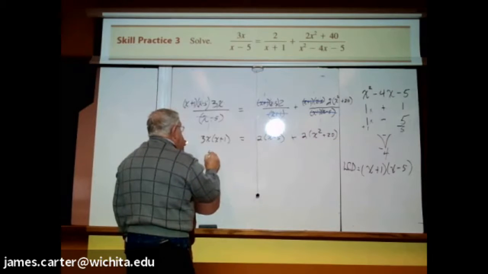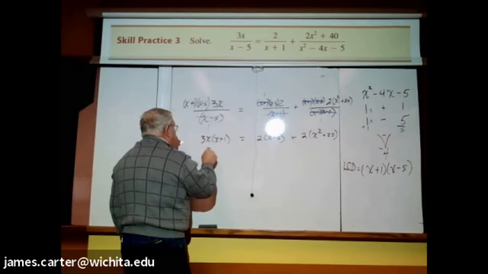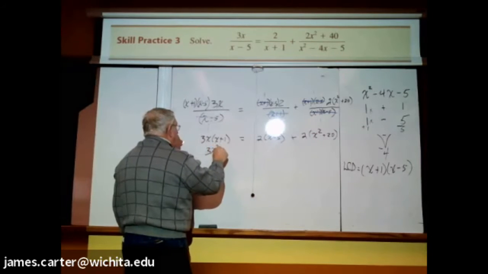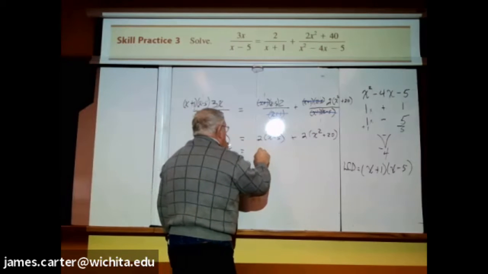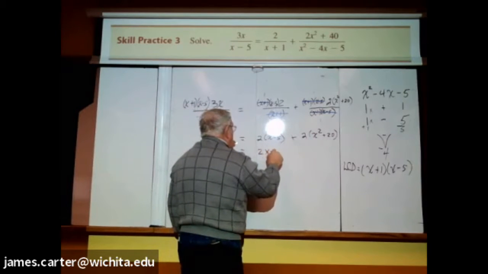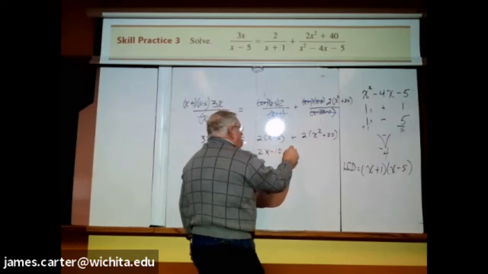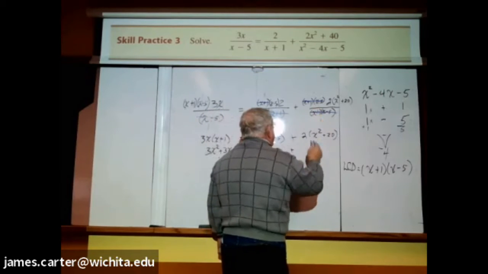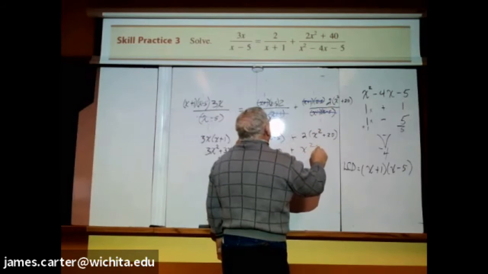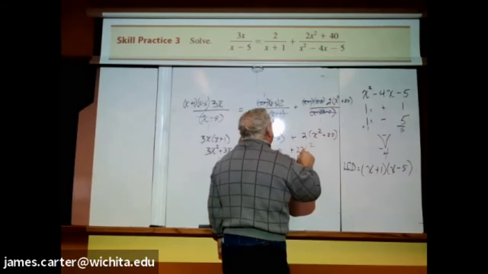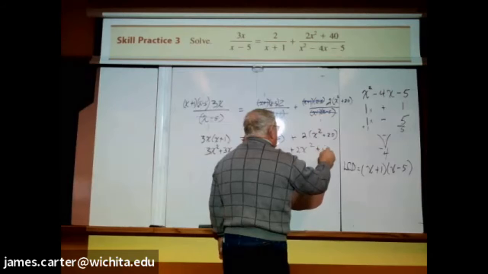This gives me 3x squared plus 3x equals 2x minus 10 plus, and actually I didn't need to factor that after all, 2x squared plus 40.